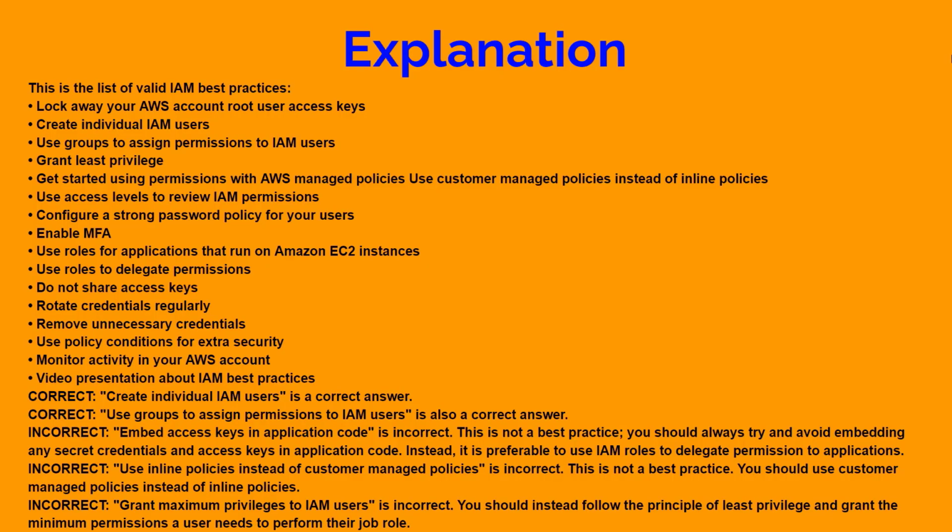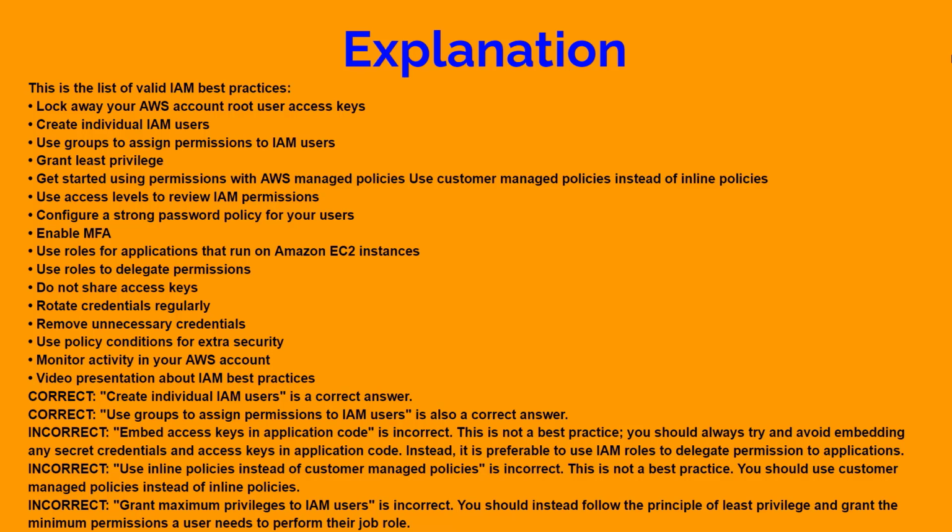Explanation. This is the list of valid IAM best practices. Lock away your AWS account root user access keys. Create individual IAM users. Use groups to assign permissions to IAM users. Grant least privilege. Get started using permissions with AWS managed policies. Use customer managed policies instead of inline policies. Use access levels to review IAM permissions.